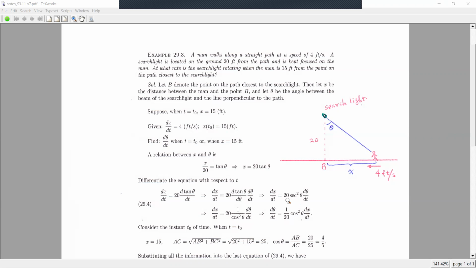Recall that secant is 1 over cosine. So secant squared is 1 over cosine squared. So we have this equation. Now move 20 and cosine squared to the left side, then the derivative of theta is this.